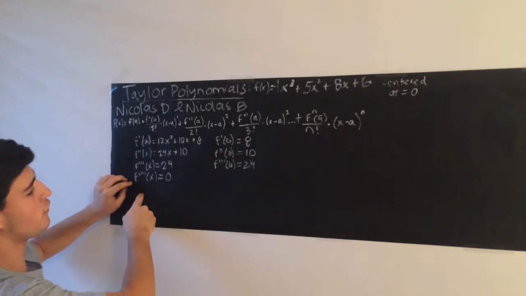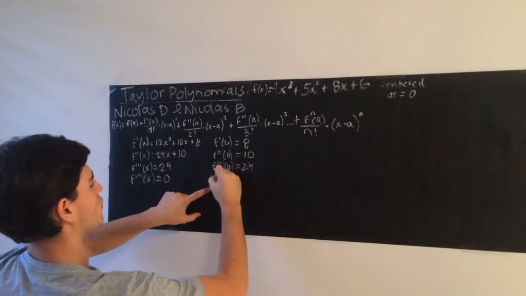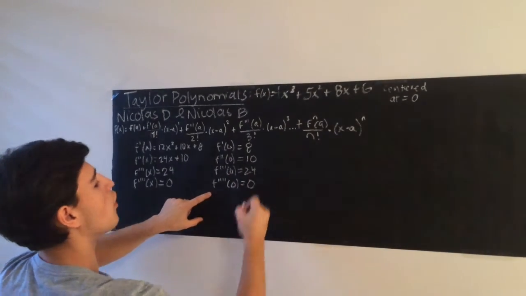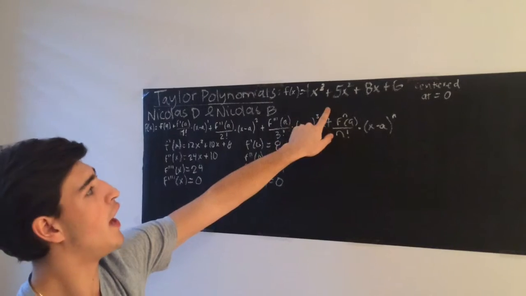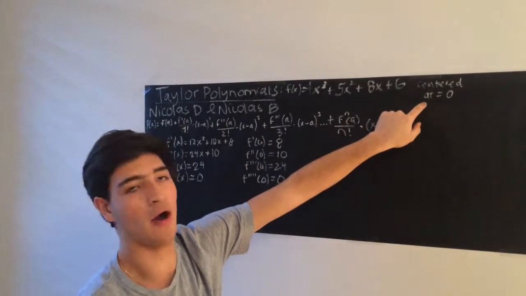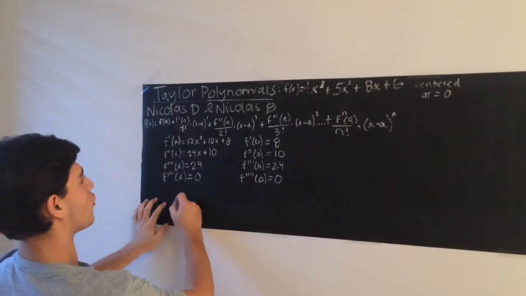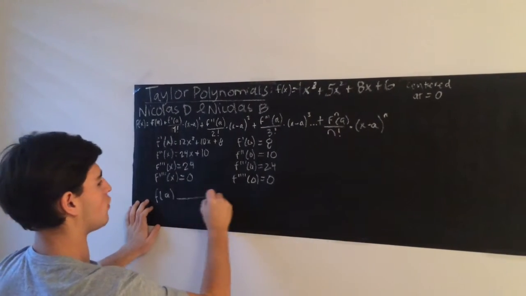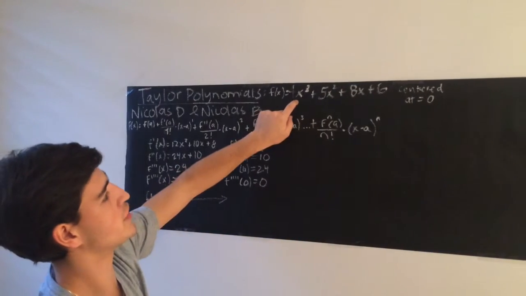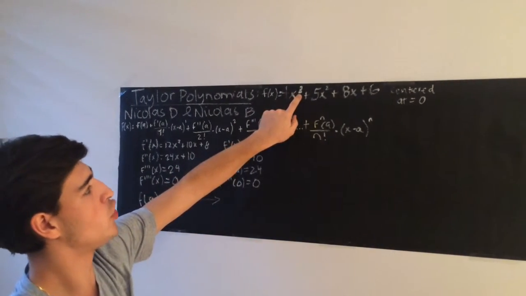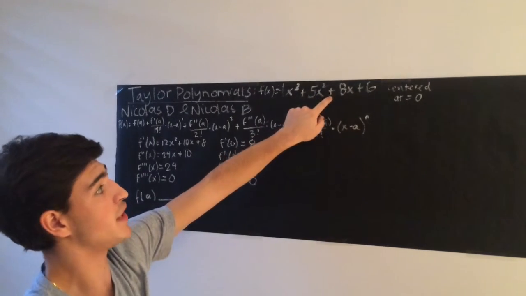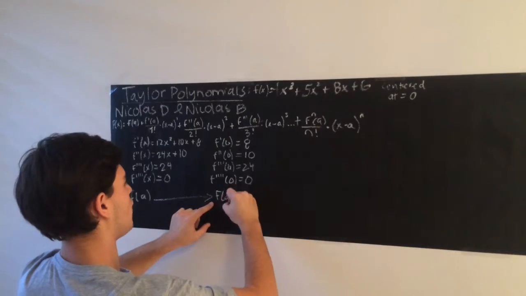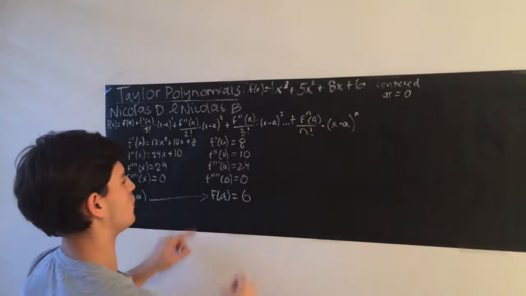And obviously the last derivative, fourth derivative, will be 0. Now we need to include our original equation and plug in our point, which is 0. So our original equation, which is f of a, would equal 4 times 0 cubed plus 5 times 0 squared plus 8 times 0 plus 6. So f of a would equal 6.